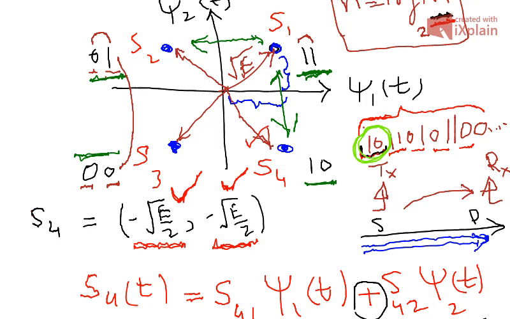This is due to gray coding. So that's all about the signal constellation and the QPSK.